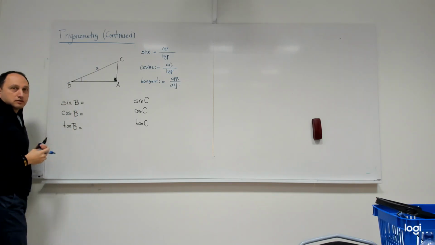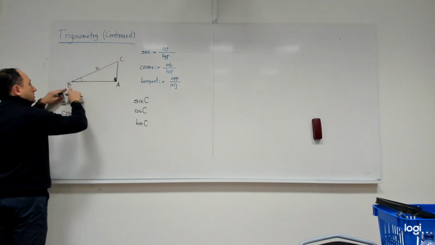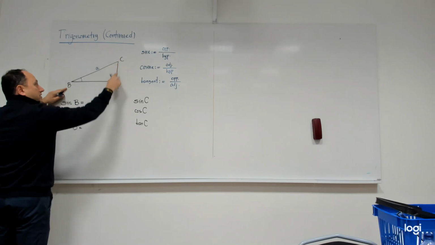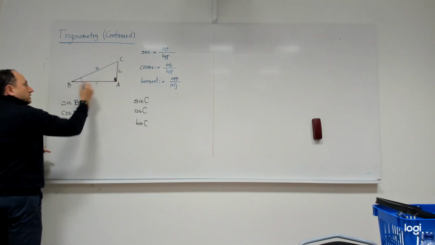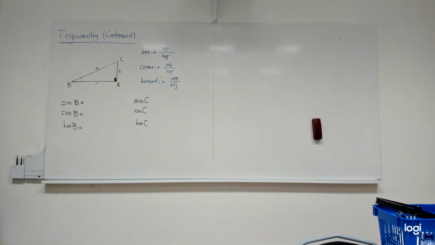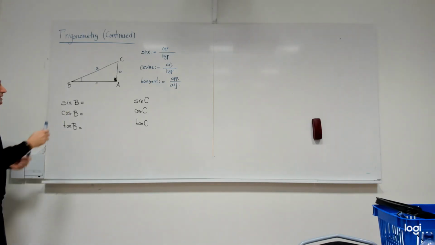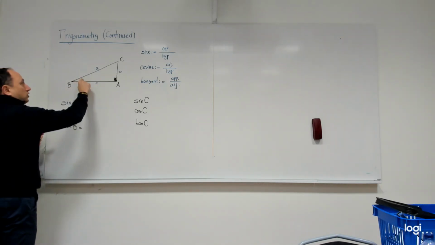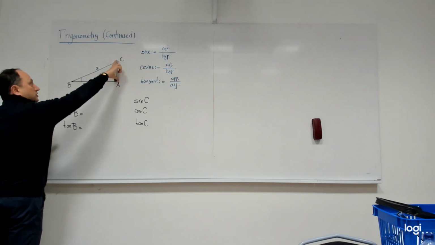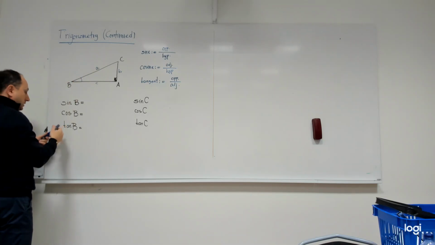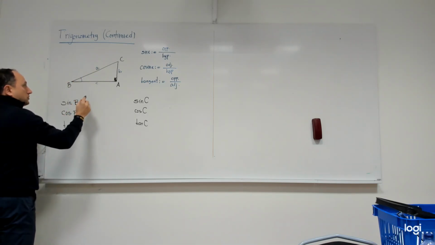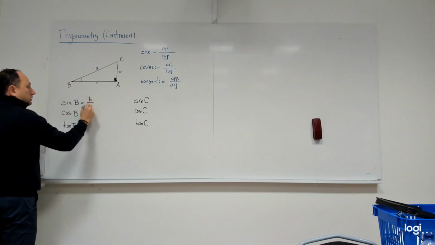This is a standard convention. And if this is capital B, the length here is denoted by lowercase letter b, and the same thing here. Yes, this is a standard. And then when I say sine of B, you need to look at the opposite side, which is b, and then divide it by the hypotenuse, which is a in this case. So this becomes b over a.